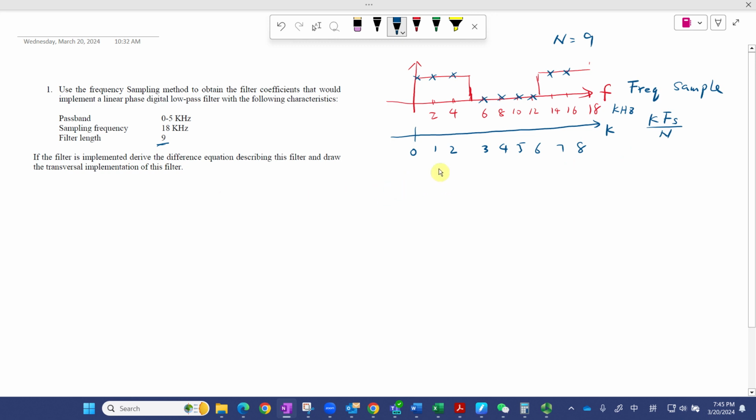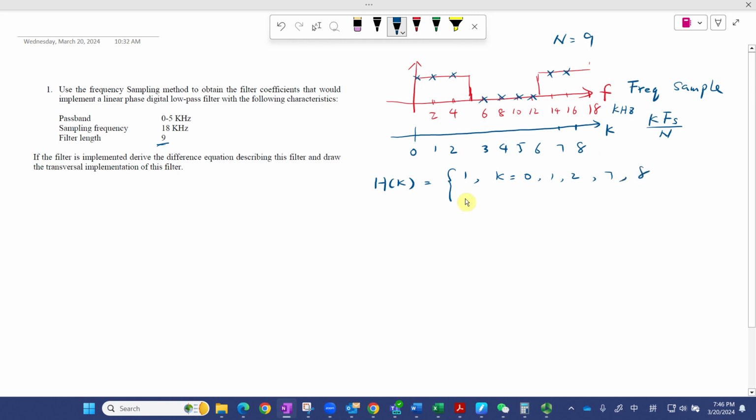So we got the H[k] frequency domain representation for that. H[k] equals 1 when k equals 0, 1, 2, 7, and 8.